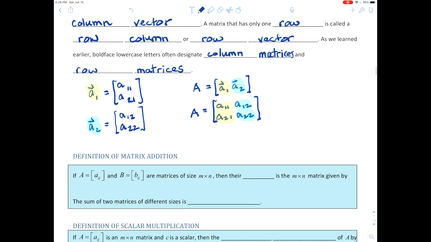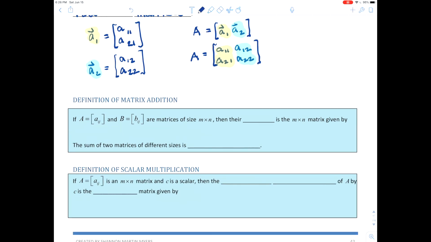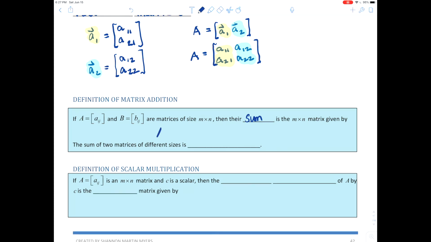All right, next up, definition of matrix addition. So if A equals Aij and B equals Bij are matrices of size m by n, they have to be the same size, then their sum is the m by n matrix given by A plus B is equal to Aij plus Bij.